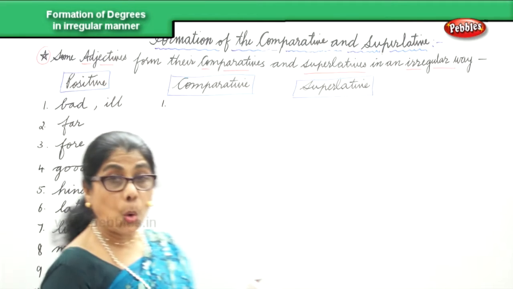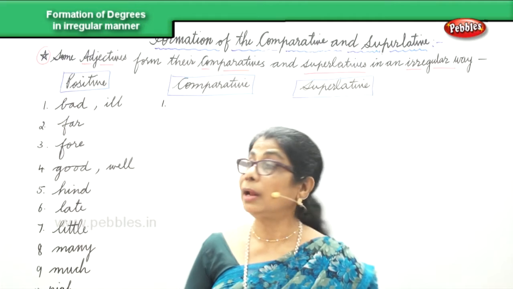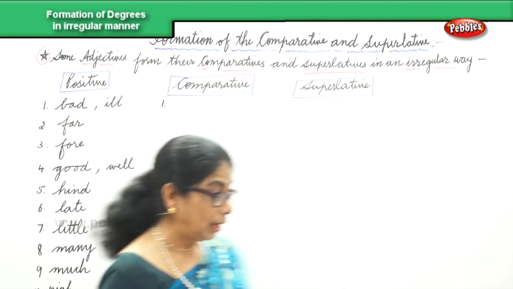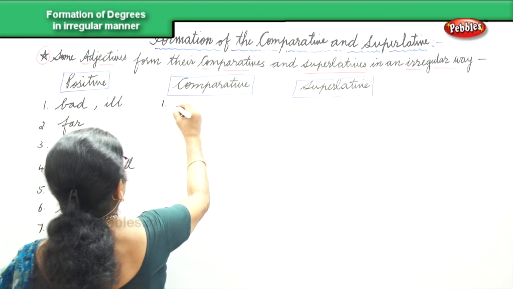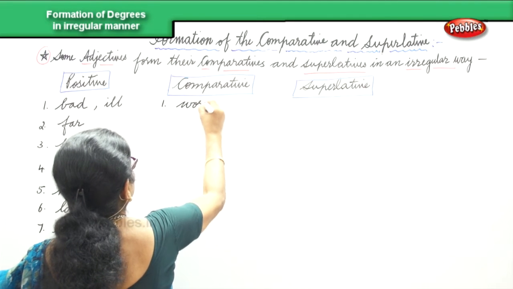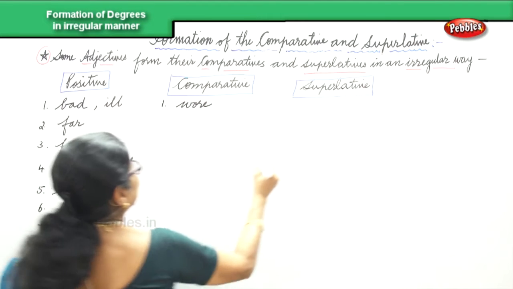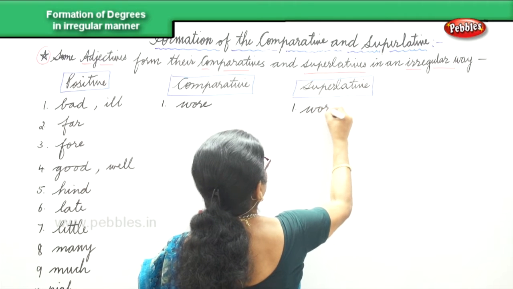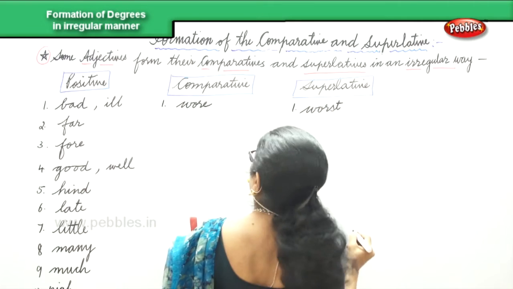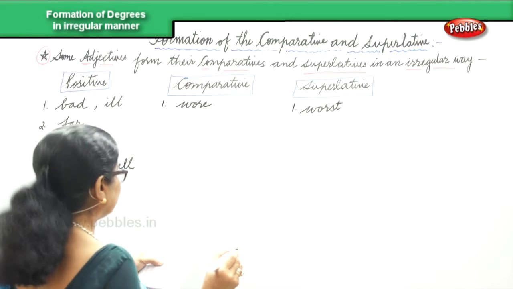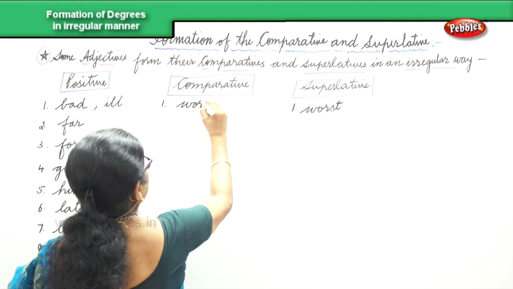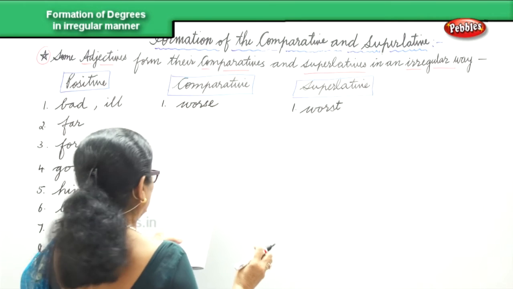So when you say bad, you will say worse, or ill, worse. First is worse. Ill, worse. And the superlative will come as worst.